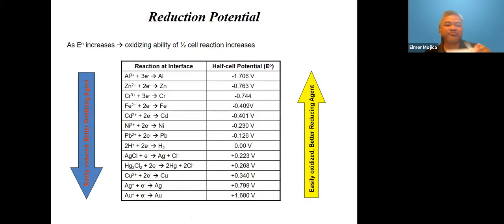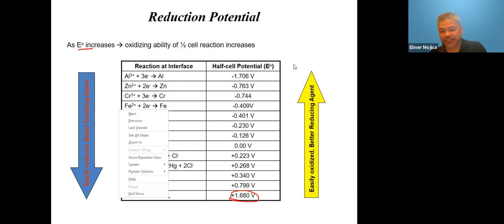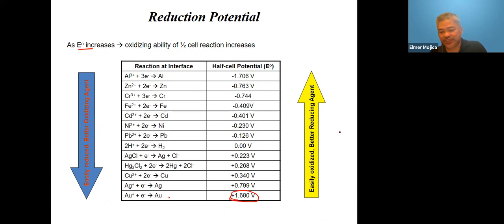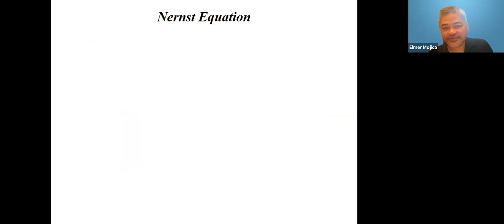So doon sa reduction potential, as the reduction potential increases, it oxidizes the other reaction. So usually the more positive that you have here, it undergoes reduction, it is a better oxidizing agent. Now the one that has a more negative cell potential or reduction potential easily oxidizes and is a better reducing agent. Okay? Now, Nernst equation.